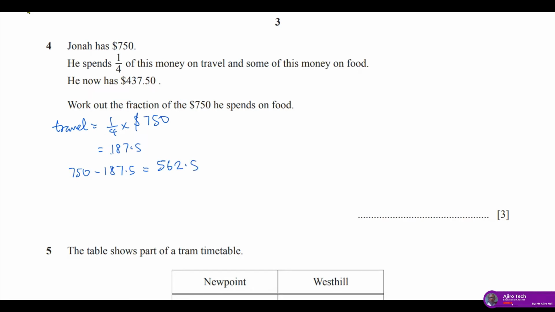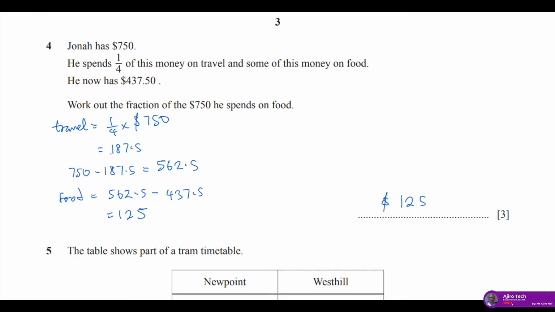So if he has this amount remaining, the amount spent on food should be 562.5 subtracting 437.5. We have $125. So he spent $125 on food.